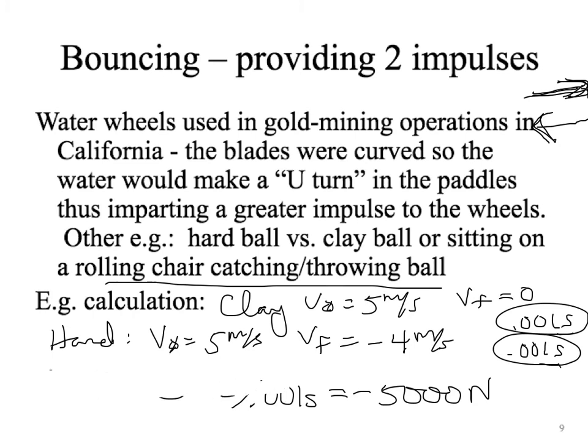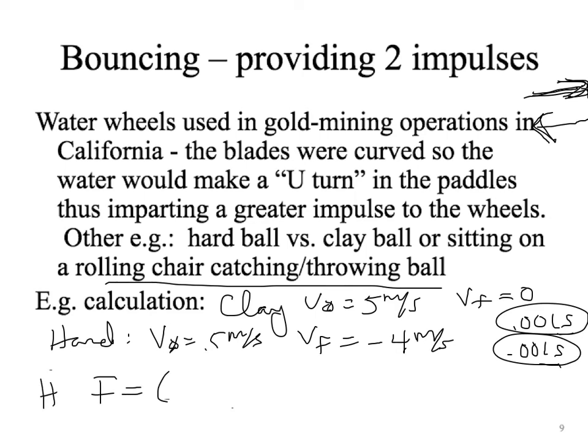And this time, you can see the calculation is going to lead to a bigger number, because for the hard ball, the force is going to equal the final velocity minus the initial velocity over the time. And we're going to see negative 9,000 newtons of force. So you can show that mathematically or just through a pictorial or an example. I think that's it.